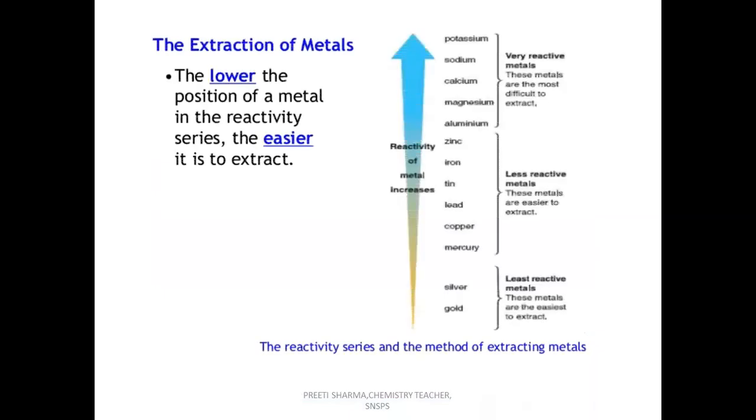Now students, just recall your reactivity series, and according to the reactivity series, all the metals cannot be extracted by using only one method. There are different methods which are applied. For example, we have divided our series into three categories here. That is most reactive metals, low reactive metals, and the moderately reactive metals, right students?